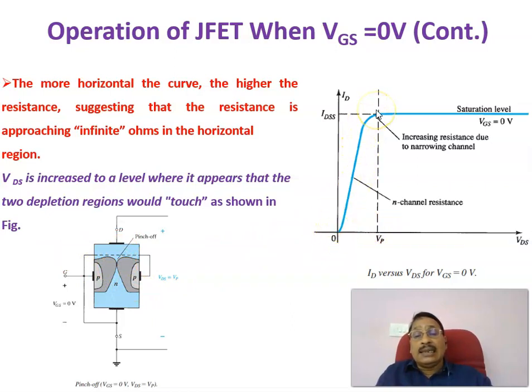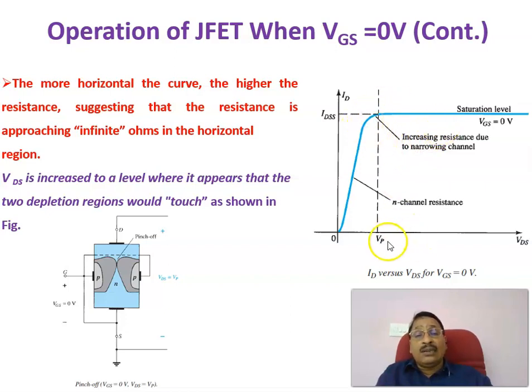As the drain current increases, because of the drop, as I told you, the drop will be more near the drain side compared to the source side. That is, this region is getting more reverse bias compared to this region. At a particular value of VDS, the current will be such that the reverse biasing forces the channel to nearly touch each other, and further there won't be any increase in current.